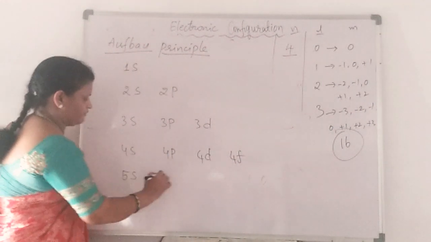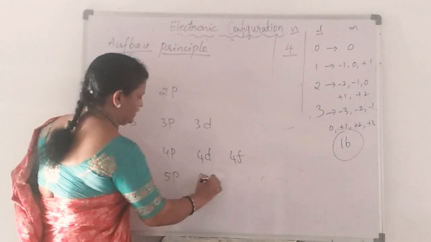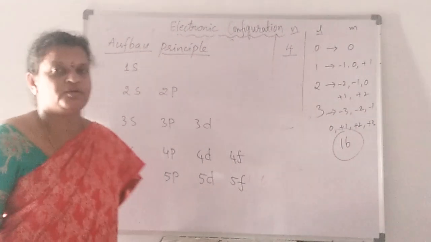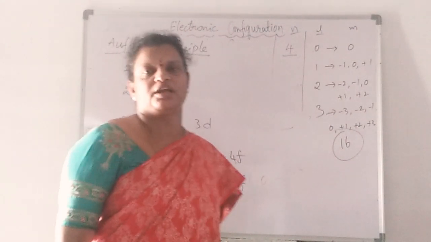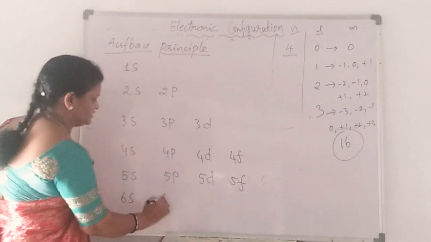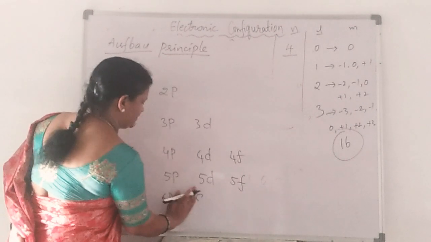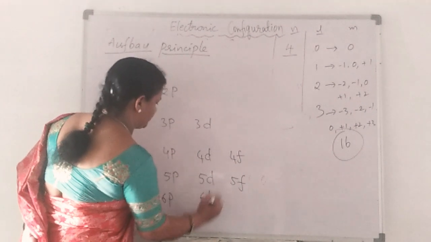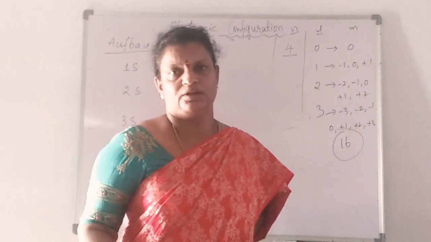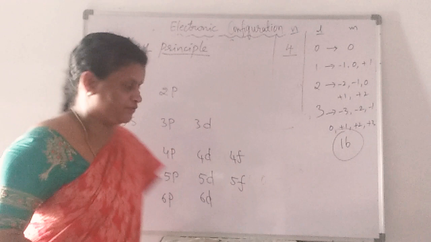Fifth shell we have 5s, 5p, 5d, 5f, even 5g also possible, but till now any element containing that is not discovered, so we are not writing it here. Sixth shell, if you see, 6s, 6p and also 6d I am writing here. In future we may get an element containing 6f also. Till today we have only up to 5f.